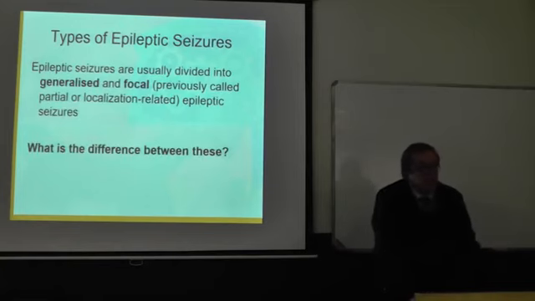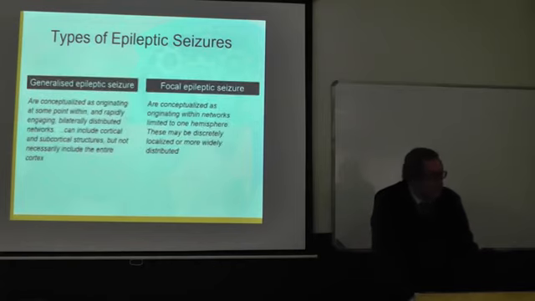In general, we divide them according to whether they start in a focal area of the brain or whether they are generalized, that means in both hemispheres. A generalized seizure is basically very shortly after the start of the epileptic seizure, it engages both hemispheres. Whereas a focal seizure originates in one hemisphere.